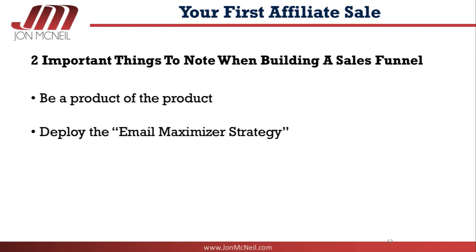The second thing is deploy the email maximizer strategy. I'm going to break that down for you in this video as well. This is going to maximize the amount of income that you're able to make with the leads that you're bringing into your funnel, because not everybody that comes into this funnel is going to purchase Partner with Anthony.